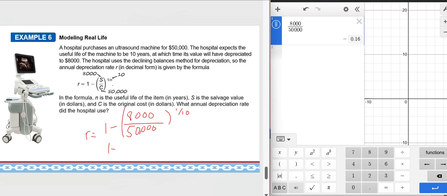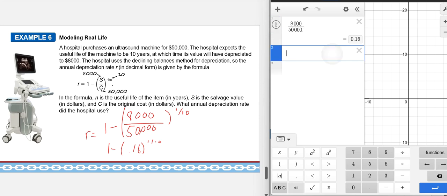So 1 minus 0.16 to the 1/10 power. I'm going to enter 0.16 to the 1/10 power. I get 0.832, and then I can go 1 minus that previous answer.